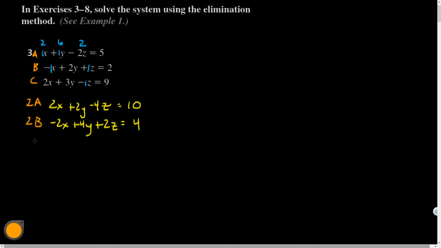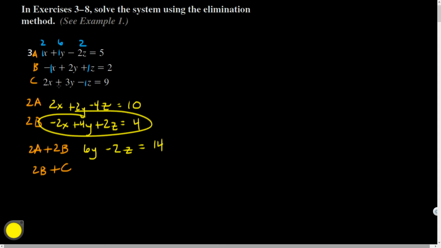We'll do 2A plus 2B as my first, and then after that, I'll do 2B plus C, because I want to eliminate the x twice. Adding these together, those get eliminated. I get 6y. I get minus 2z. Pardon my 2's and z's looking so similar. 10 and 4 is 14.